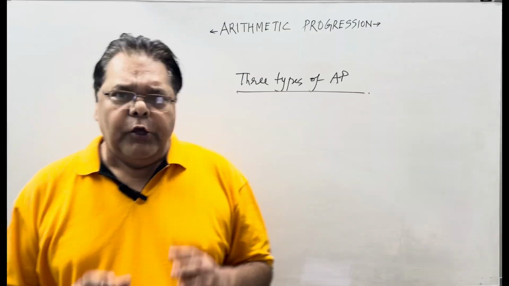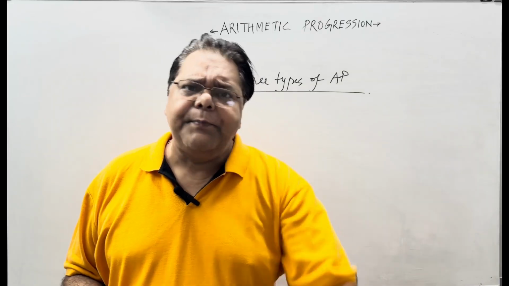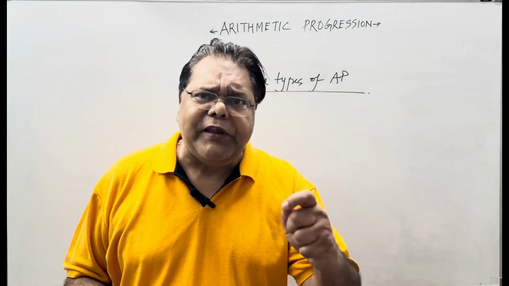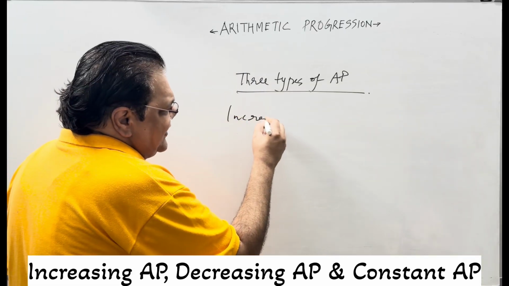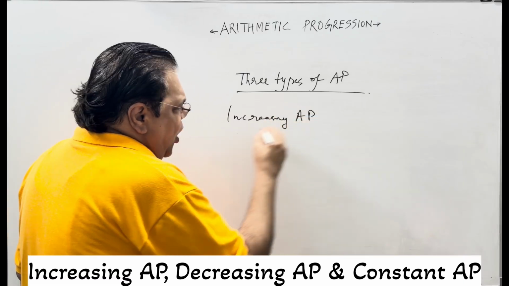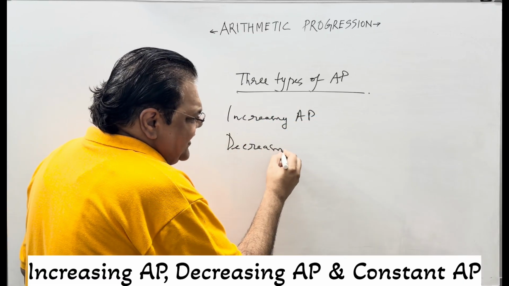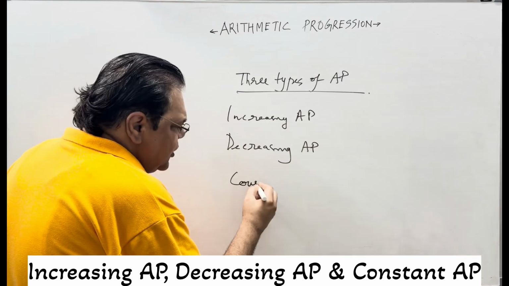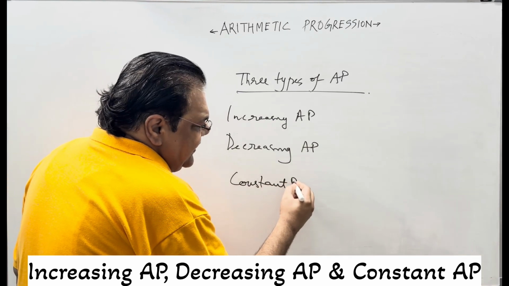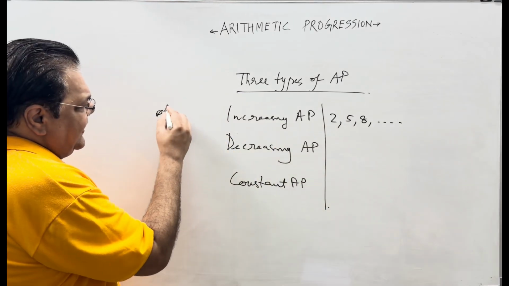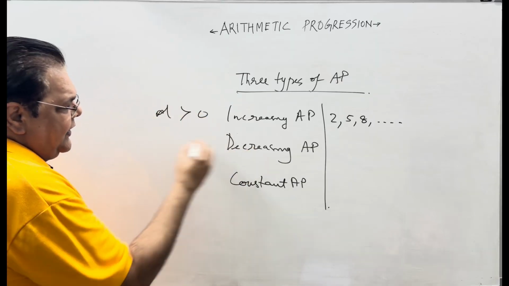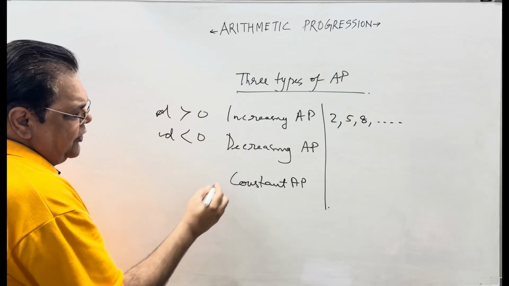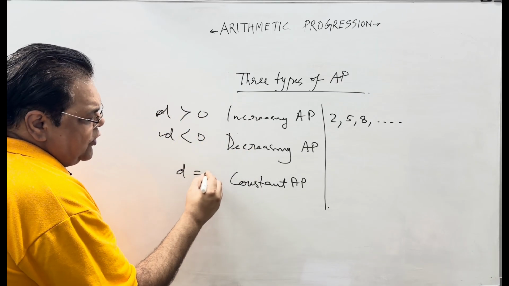You can say there can be 3 types of arithmetic progression, 3 kinds of AP. You can write increasing AP, or you can say decreasing AP, or constant AP. Here, d is greater than 0. Here, d is less than 0. Here, d is equal to 0.